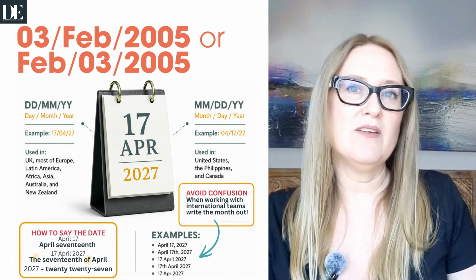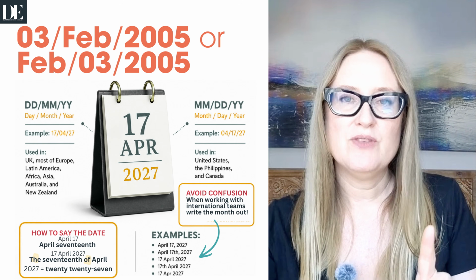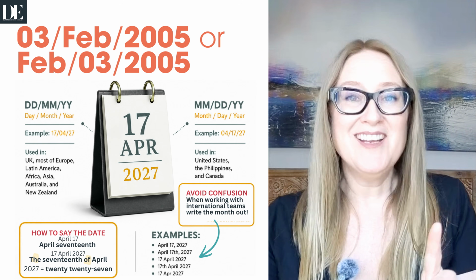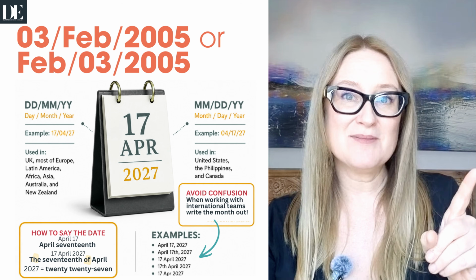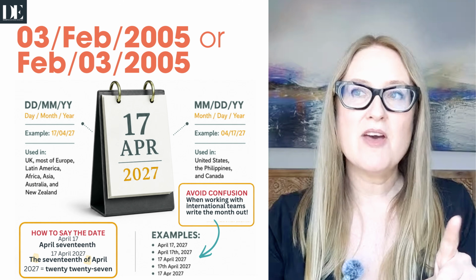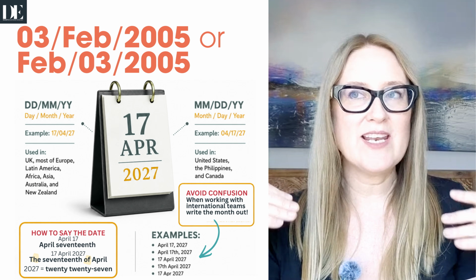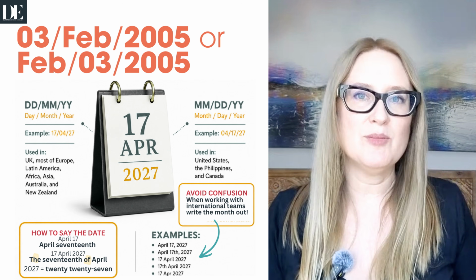Well, okay, if I'm in New York, I'm going to write 06, 05, 27. But someone somewhere else in the world could read 06 as the day, 05 as the month, and the year's the same. So we're completely a month apart, a month and a day apart. So this is incredibly important.